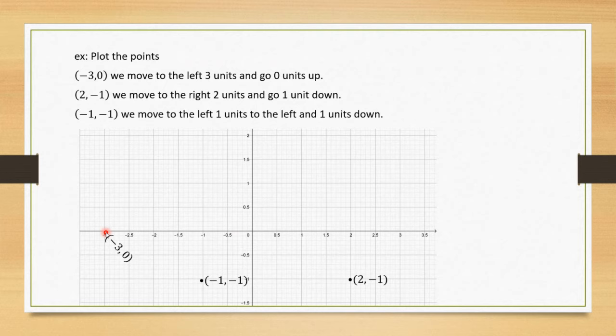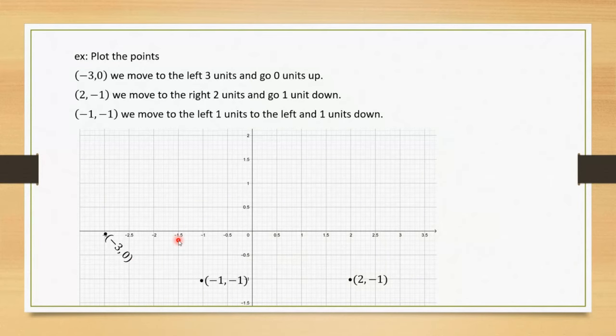You stay on the x-axis, which is the horizontal axis. Unless otherwise stated, the horizontal axis is the x-axis and the vertical axis is the y-axis. I have seen cases where they were switched, but not in this class. I tilted this a bit to make it easier to see.